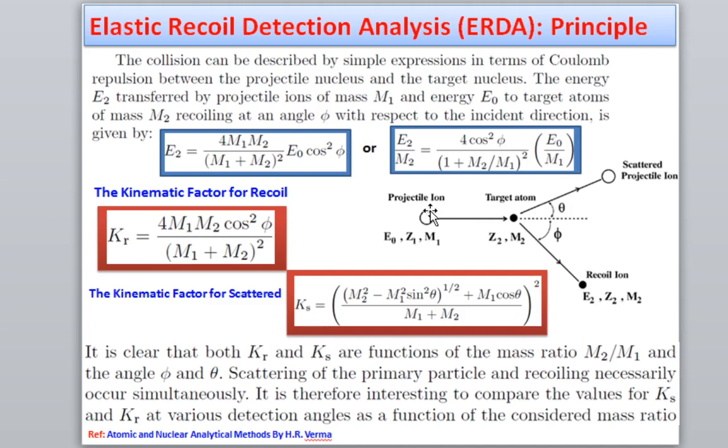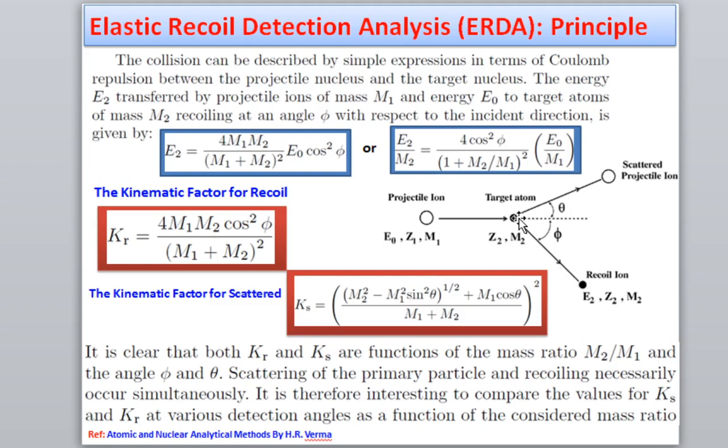Here, a projectile of mass M1 and atomic number Z1, with initial energy E0 from the accelerator, falls on the target atom. When energy is transferred, the target atom will move in the forward direction of the beam, so it will recoil.